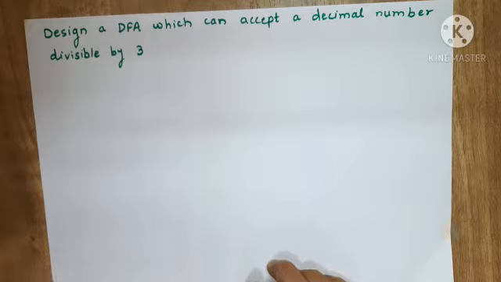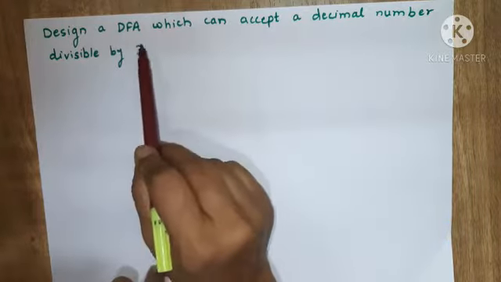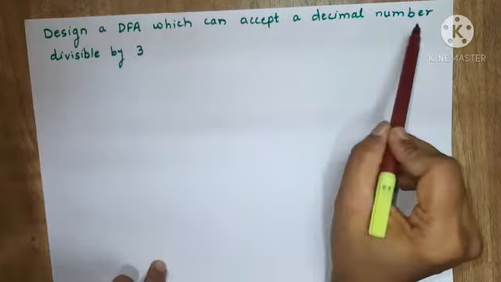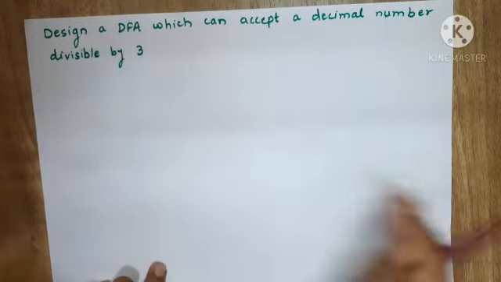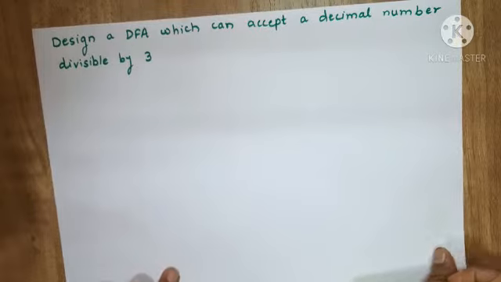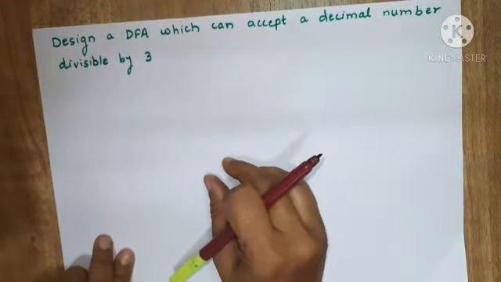So today we are going to see one more example based on divisibility. We are going to design a DFA which can accept a decimal number divisible by 3. Again, the same concept of remainder we are using here.